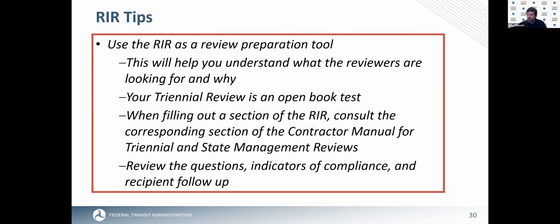So if you're preparing your RIR, you might want to have that Contractors Manual open right beside it so you could do that crosswalk and see, okay, this is what the RIR is requesting. Here's the corresponding question, and then you'll have all of the context there. So your triennial review is essentially an open book test, and the textbook for this course will be the Contractors Manual.